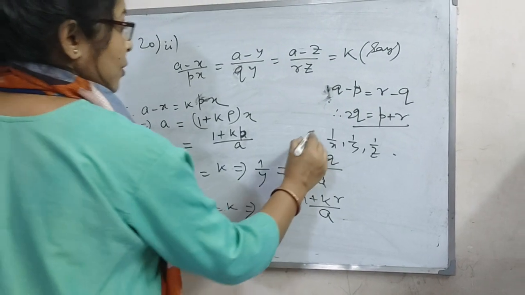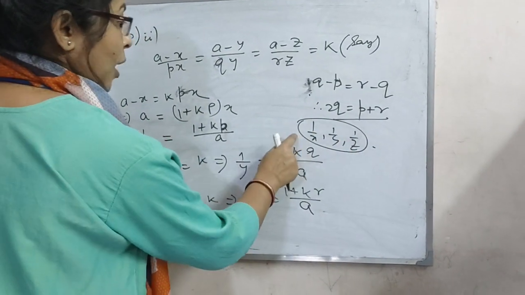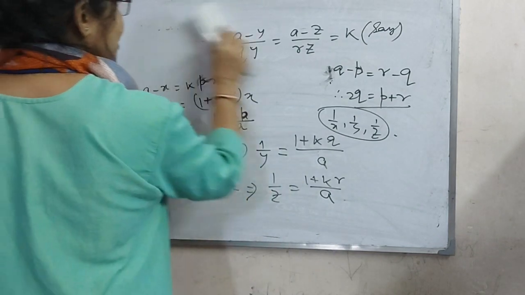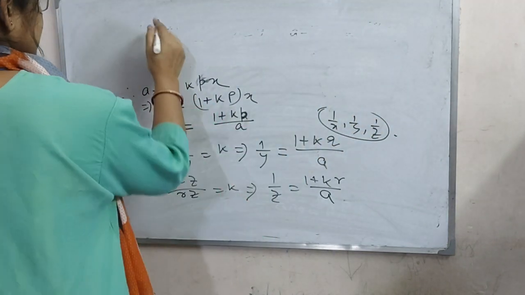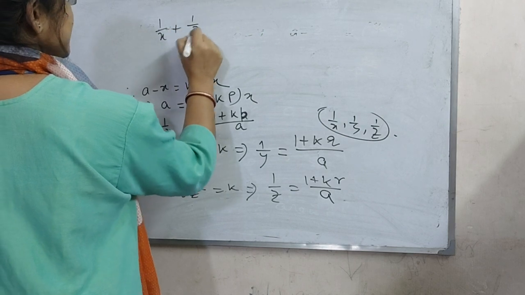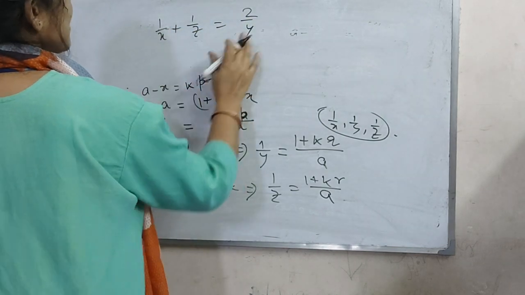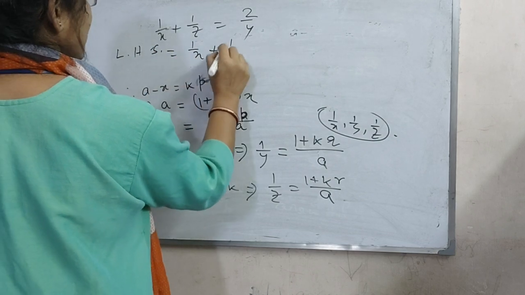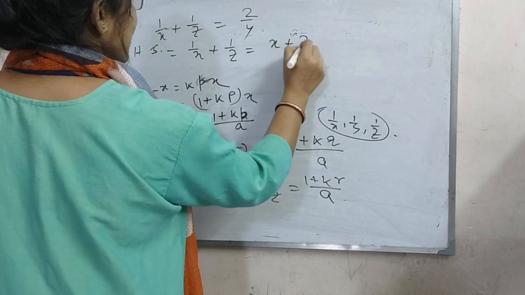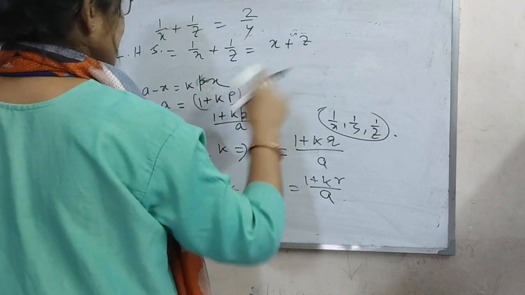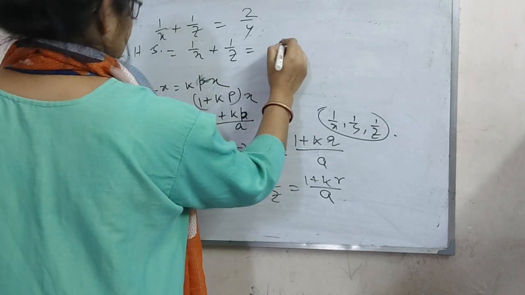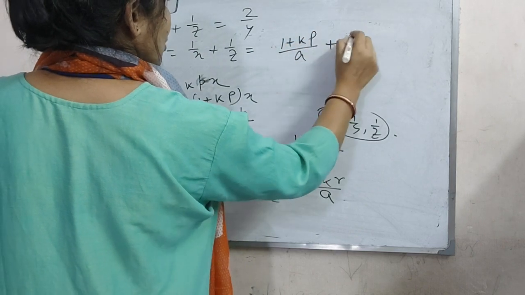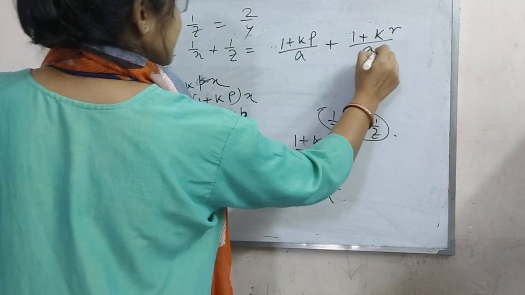We have to prove these are in AP. That means 1 by x, 1 by y, 1 by z are in AP. That means we have to prove 1 by x plus 1 by z equals 2 by y. So left hand side equals 1 by x plus 1 by z. This equals (1 plus kp) by a plus (1 plus kr) by a.